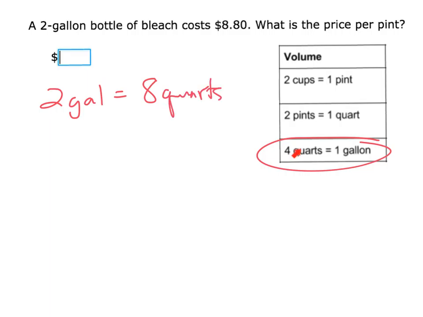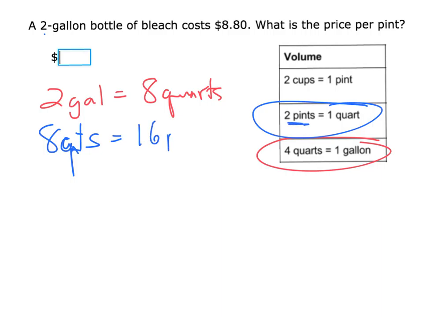Well, because 4 per 1 means 4 times 2 is 8. And then I've got 8 quarts, and every quart gives me 2 pints, so 8 times 2 is 16 pints. So it's again 16 pints. 2 gallons is the same as 16 pints.